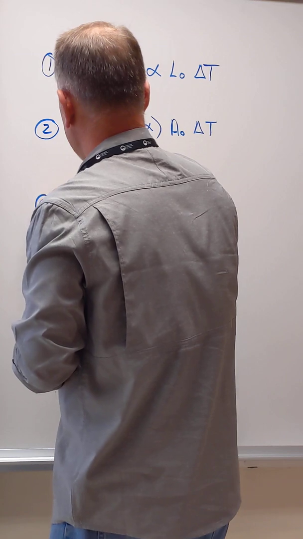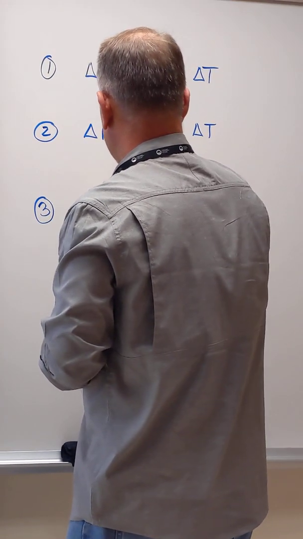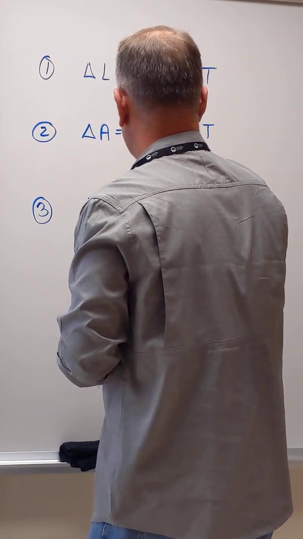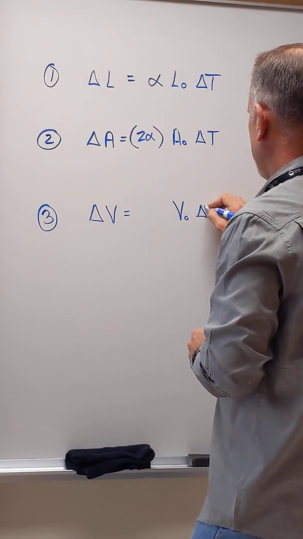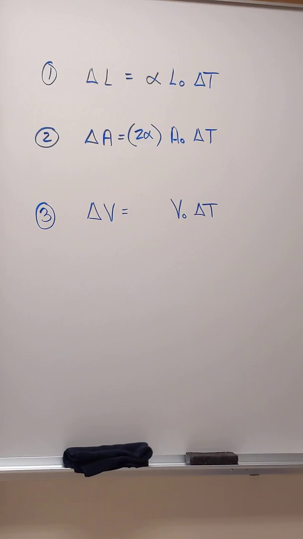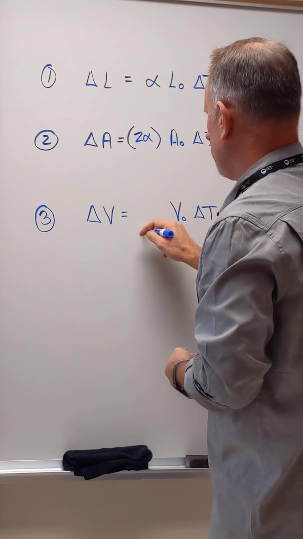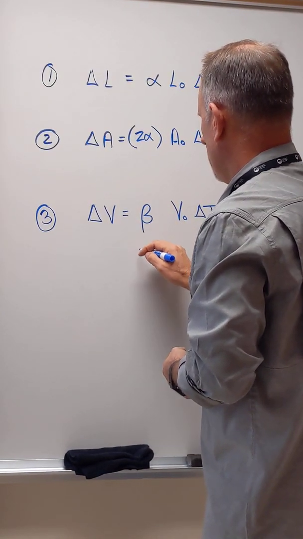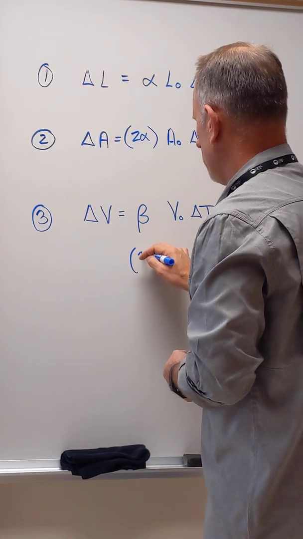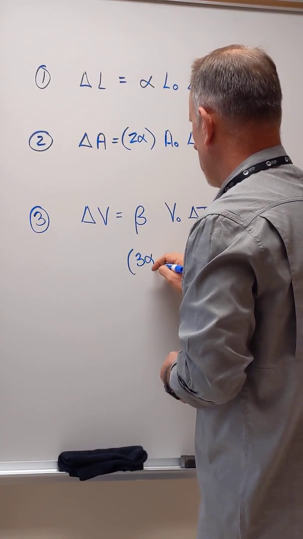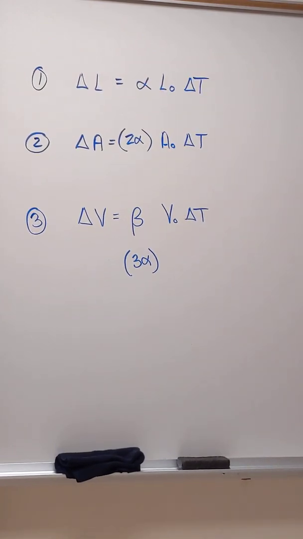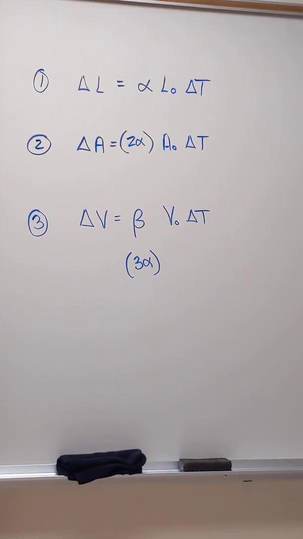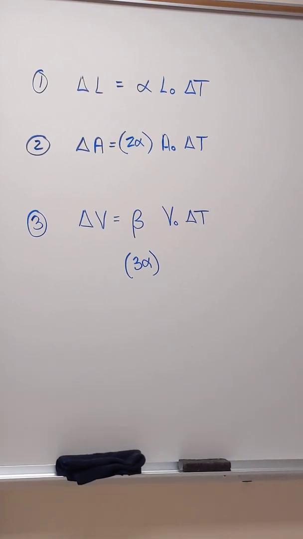And then 3, if I have a change in volume, it depends on the original volume times the change in temperature, and this thing called beta, which happens to be roughly 3 alpha. Let me make sure we see that.